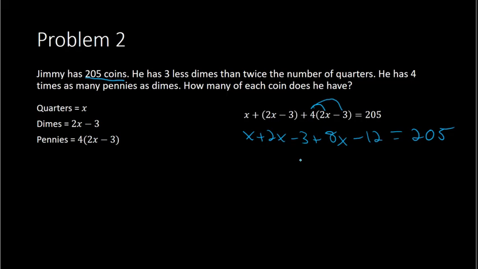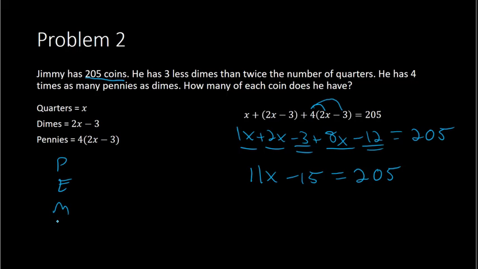So now all the parentheses are gone. From here I can combine like terms. We have x plus 2x plus 8x. Those can combine, so 1 plus 2 plus 8 gives me 11 x's. Negative 3 minus 12 is negative 15, and that equals the 205 over there. Now to solve, I can work in reverse order of operations.